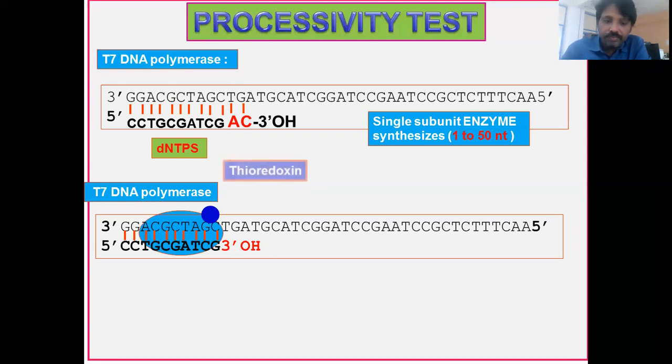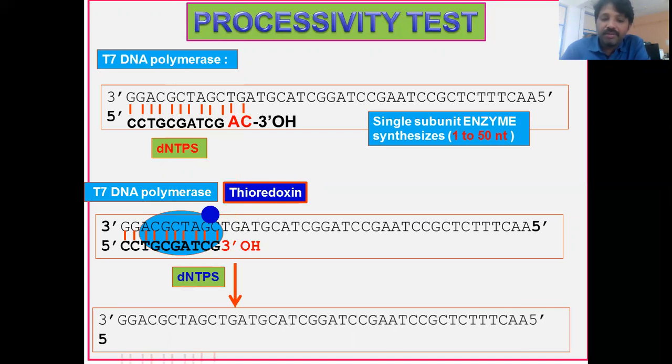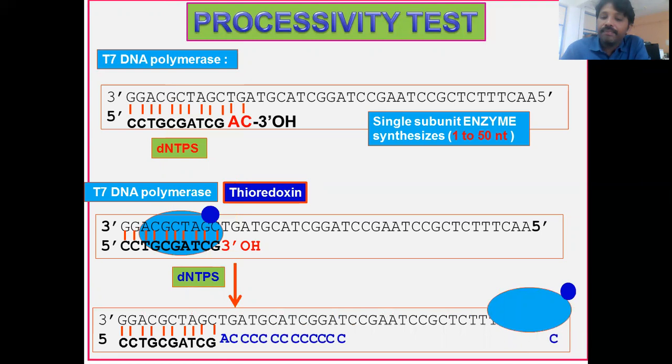You see, thioredoxin provides the dNTP bases, and still the enzyme is with the primer and template complex.